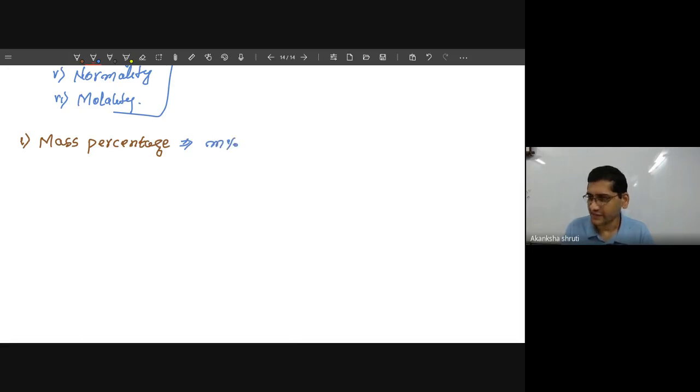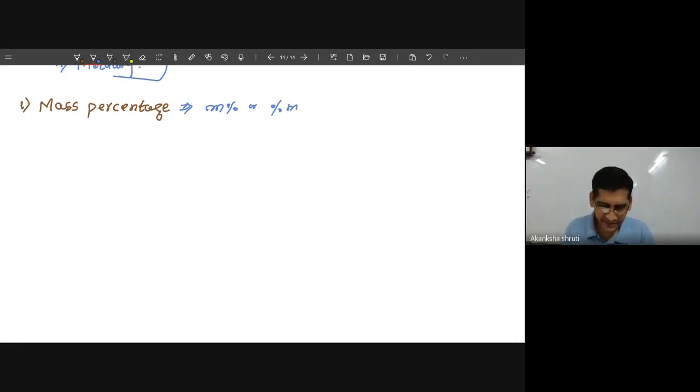It indicates the percentage of the mass of solute to the mass of solvent or solution, but it is better to take the mass of solution.